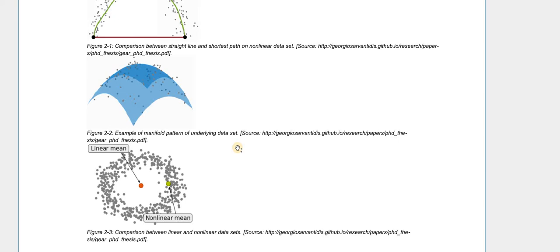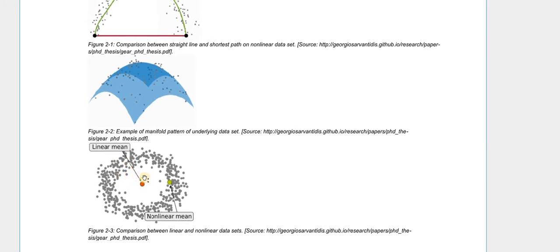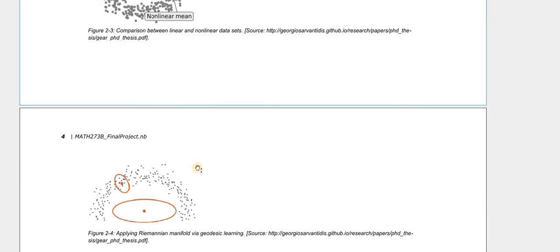That's going to be the middle of all your clusters, groups. And you don't want to be using the linear mean in this case, because then it doesn't lie within your data. Even though it's in the middle, it really doesn't perform well because it's not within your data. But when you use shortest path distance or geodesic distance, you can compute this nonlinear mean of your data set, and it is more accurate because it lies on your data.